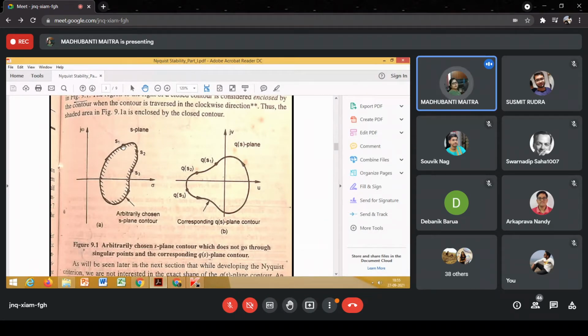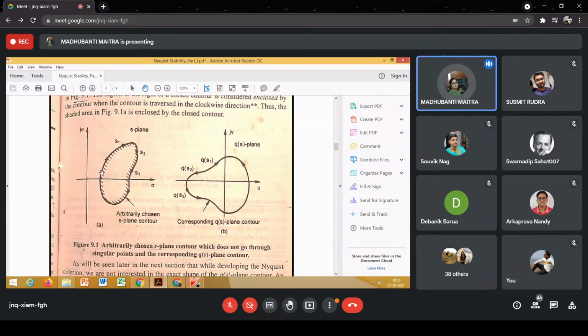So now let's learn one convention. We'll traverse along this contour in the clockwise direction. Follow this cursor.